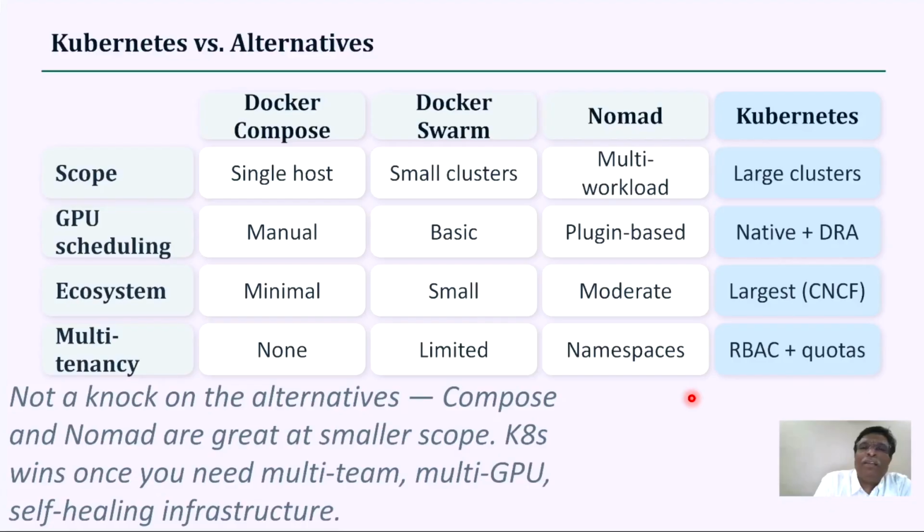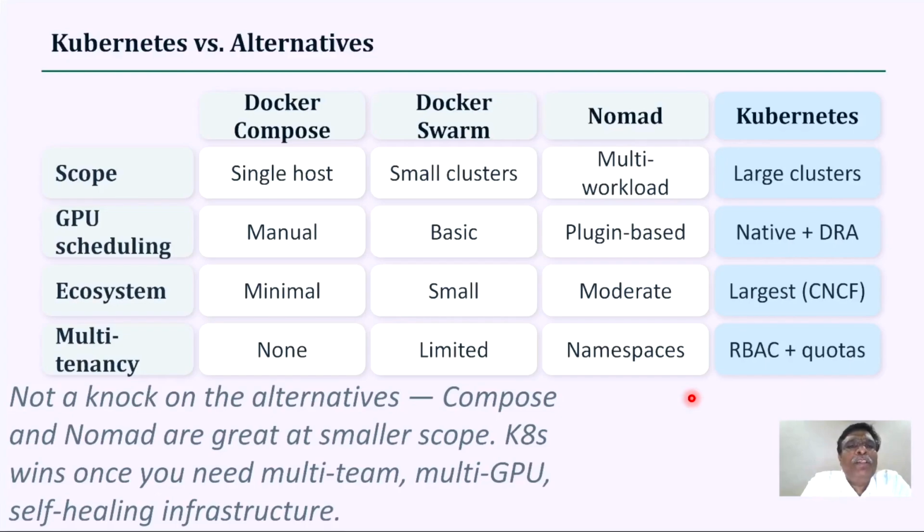You can work with others as well, but for this particular course we have chosen Kubernetes because when you work on data center clusters, you would require this type of large cluster management, which can be supported by Kubernetes.